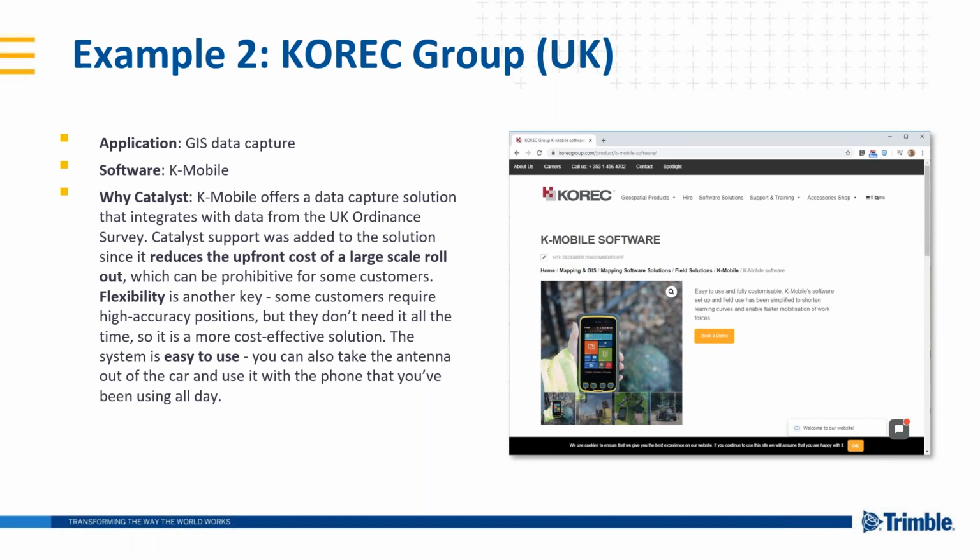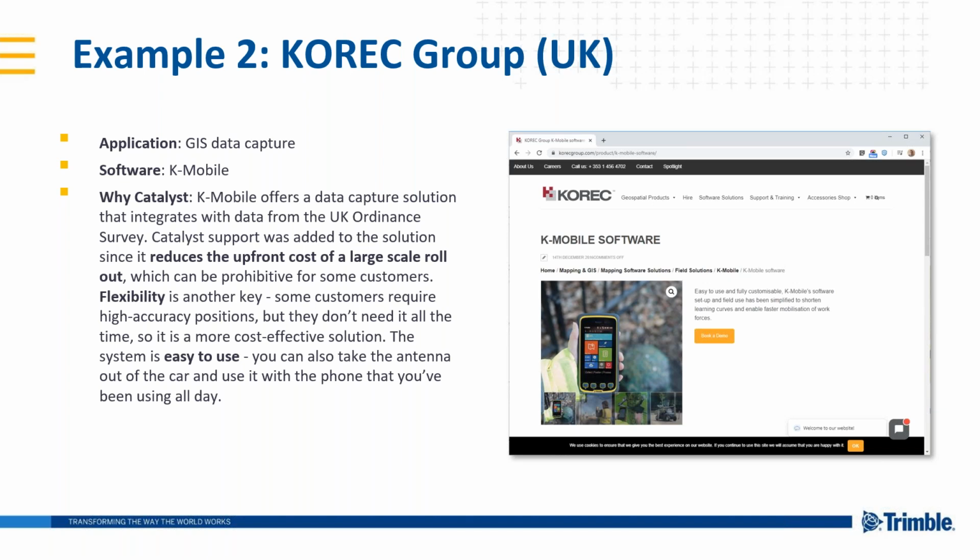So the UK market, it's a big market. The K-Mobile software is a data collection software that integrates with data that comes from the Ordnance Survey. So their target customer, or the customers that they're selling K-Mobile to can be very large organizations.